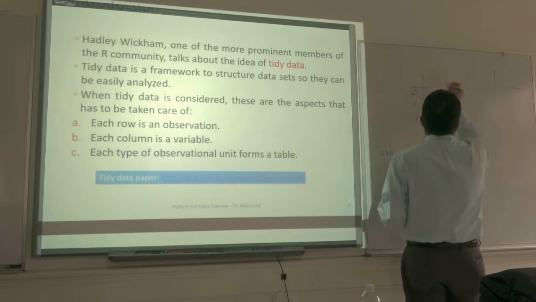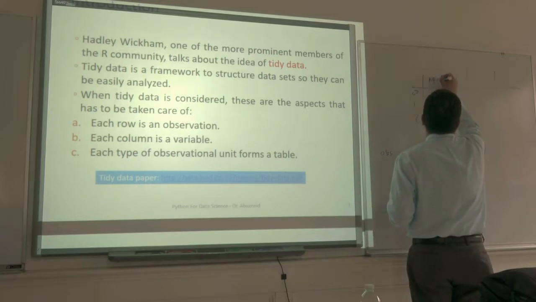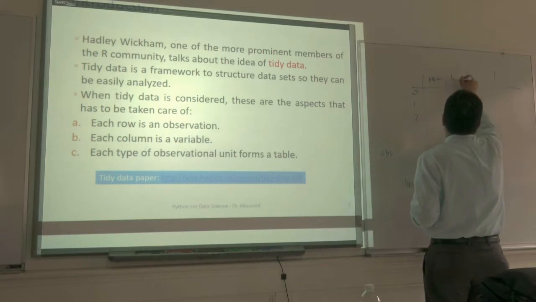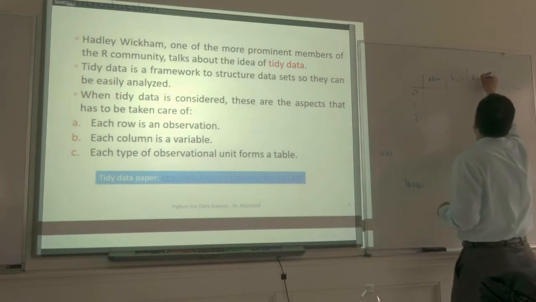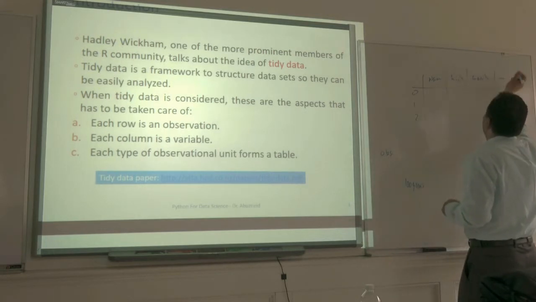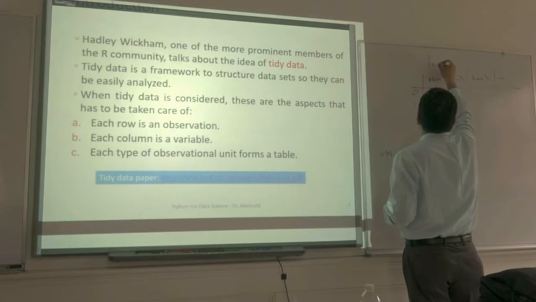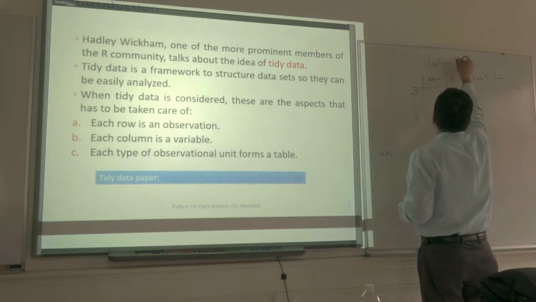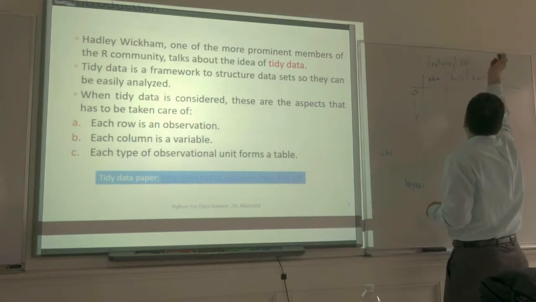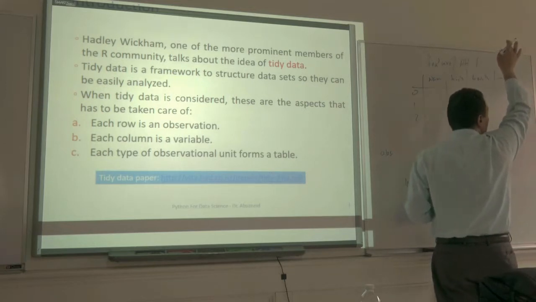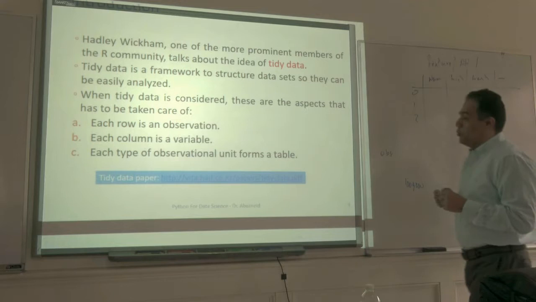And then we have name, height, weight, whatever; what do we call these? Features, or attributes, or column names, depending on what you are talking about.